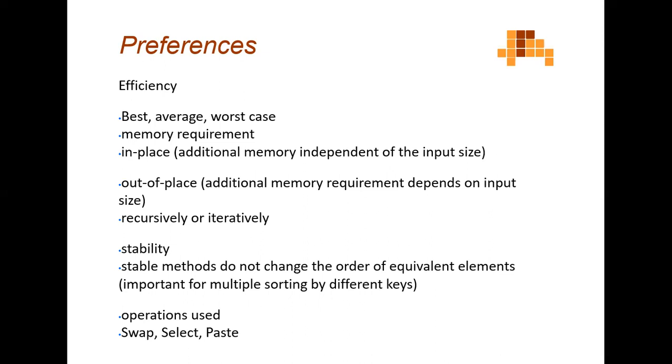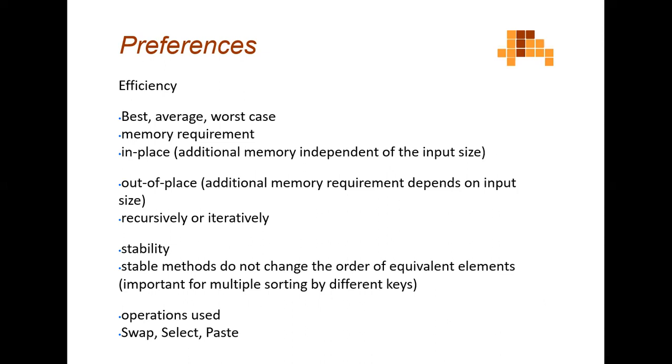So if we talk about memory consumption or memory requirements, there are always two synonyms which are widely used. And this is in place, which means all the memory is inside of the data, and if I have additional memory consumption, it is independent of the input size.